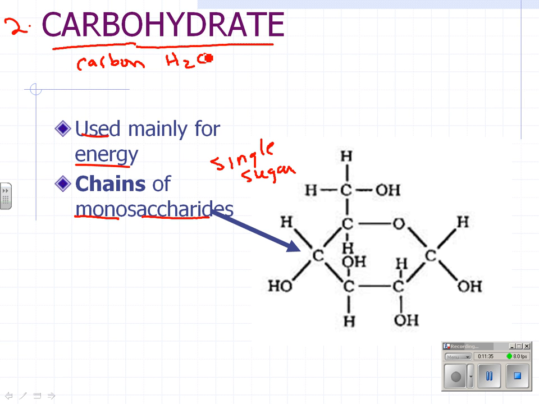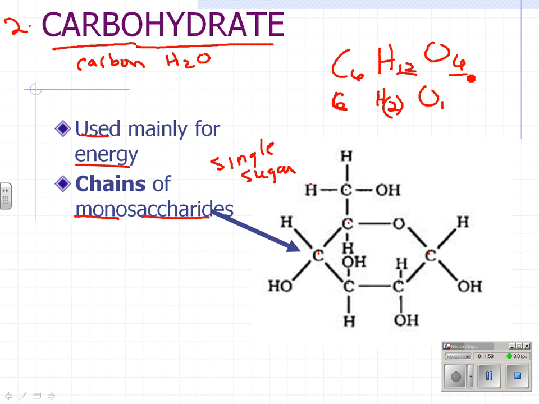Carbohydrate, if you count the atoms: 1, 2, 3, 4, 5, 6 carbon, 12 hydrogen, and 6 oxygen. You see that there's a carbon, 2 times the number of hydrogens, and an oxygen.